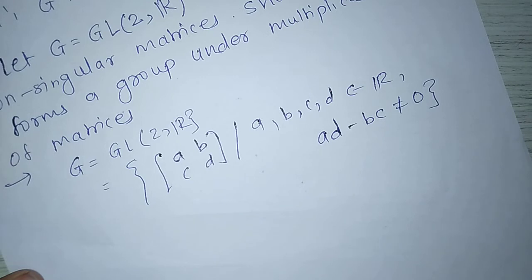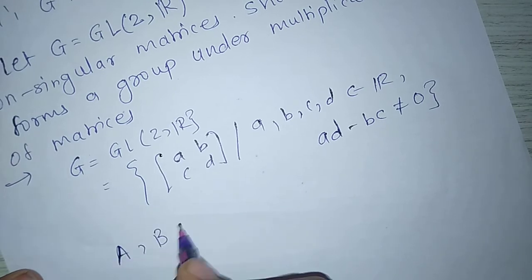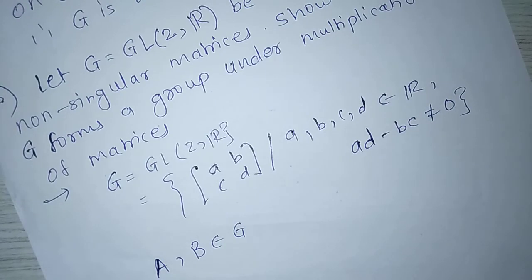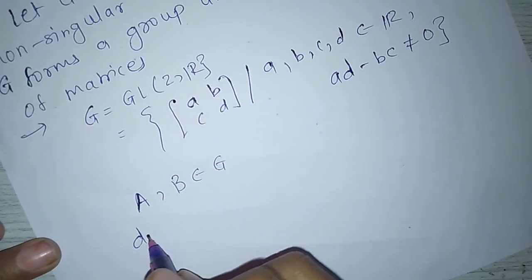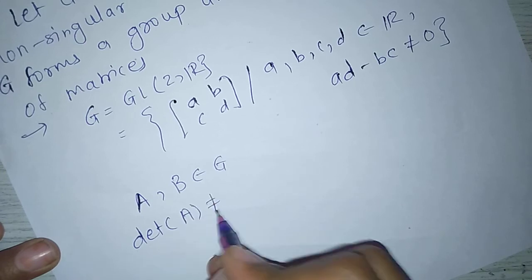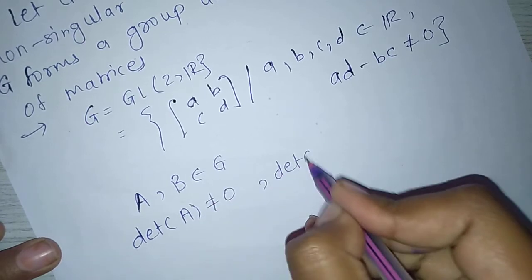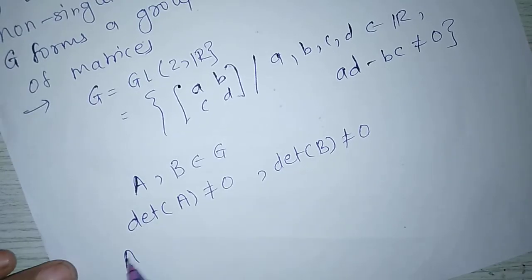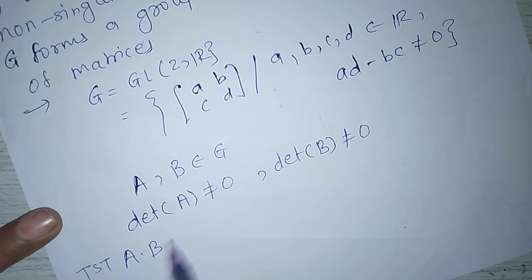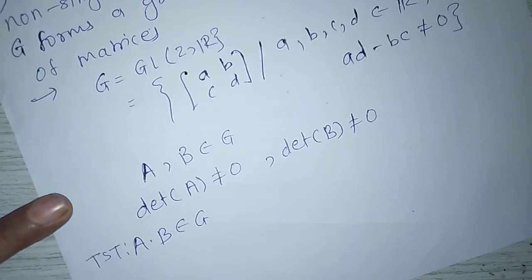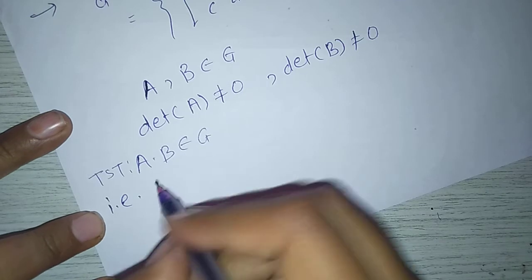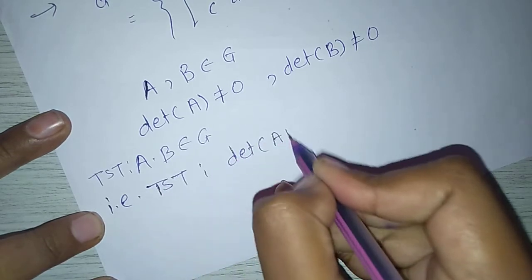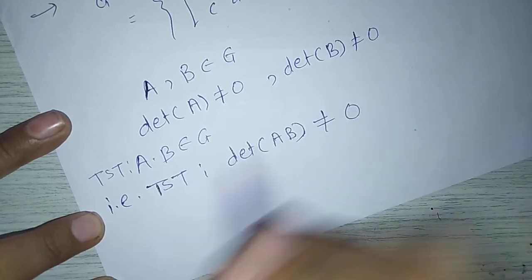Now here we have to show that G forms a group under multiplication of matrices. Take two matrices of G. A, B belong to G means the determinant of A is not equal to 0, and the determinant of B is not equal to 0. To show that AB belongs to G, we show that the determinant of AB is not equal to 0.